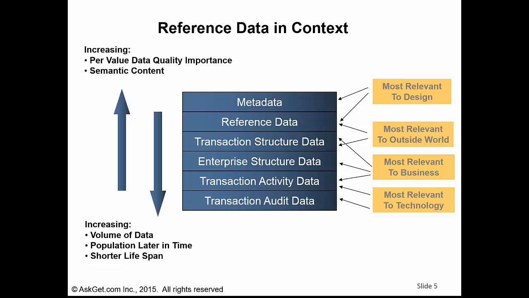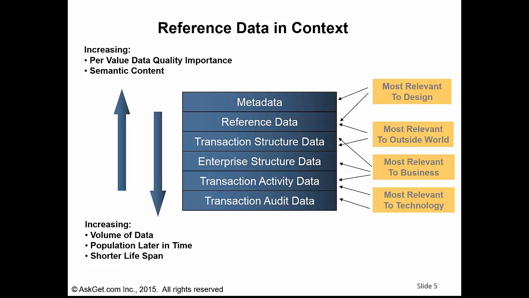But perhaps most importantly, metadata has meaning. It has semantics, and this semantic content is also something that reference data has. And I would actually submit that reference data contains more semantics than traditional data modeling metadata, which is again the definitions of tables, columns, entities, attributes.